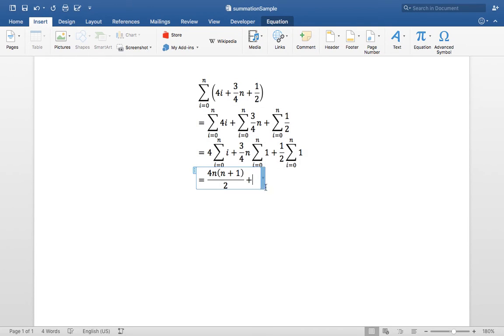And then how about for this one here? Now, another summation law that we have is when we have the summation of 1, when i equals 0 to the nth term, it's going to be the upper bound, which is n, minus the lower bound, which is 0, plus 1. Okay? And if you think about it intuitively, it's like the change of the nth term minus the initial.